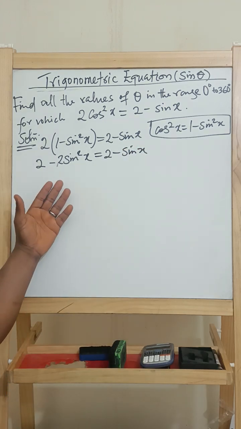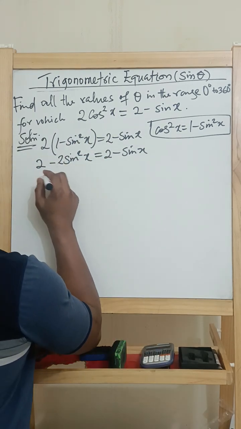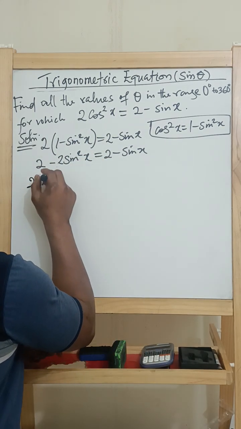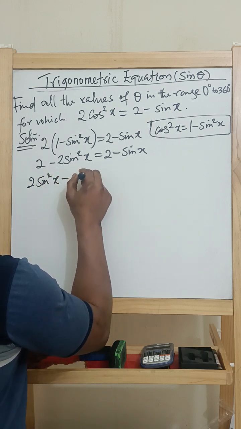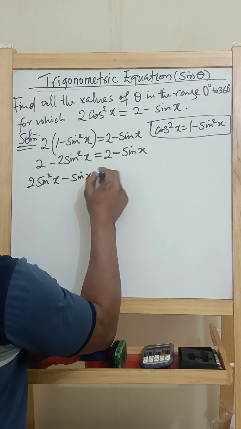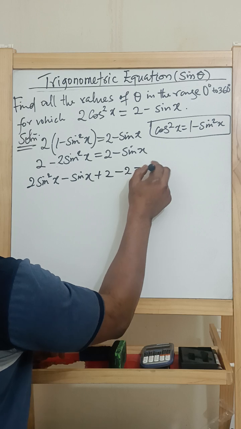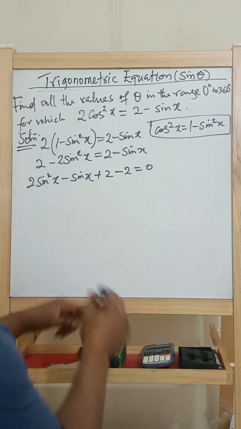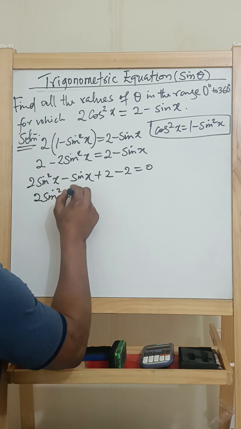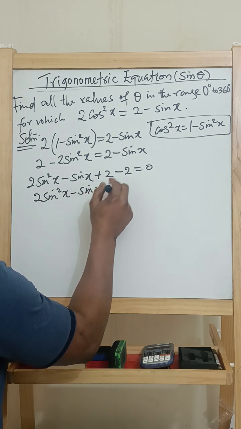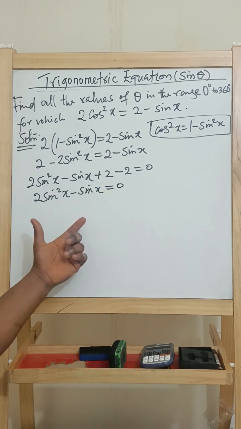Let's take everything to the other side. So this becomes 2 sine squared x minus sine x, plus this 2, and when this 2 comes over, minus 2. So 2 minus 2 is 0.